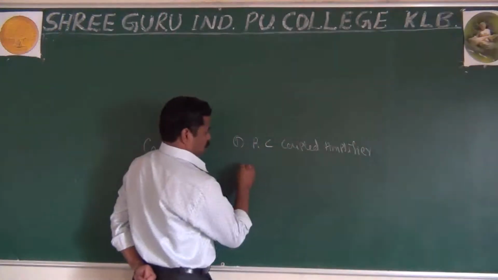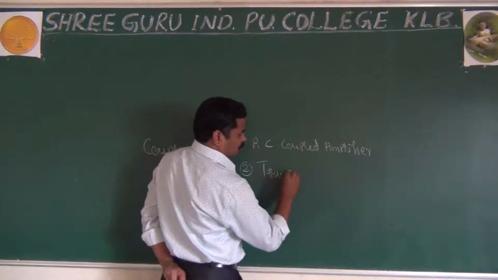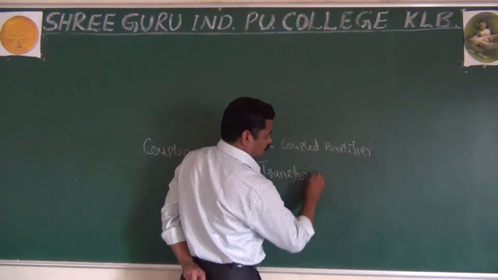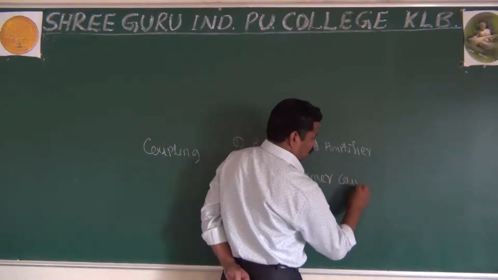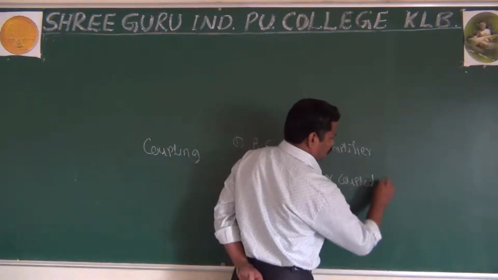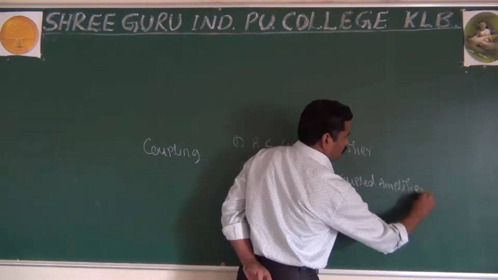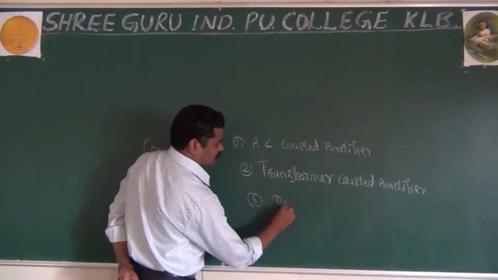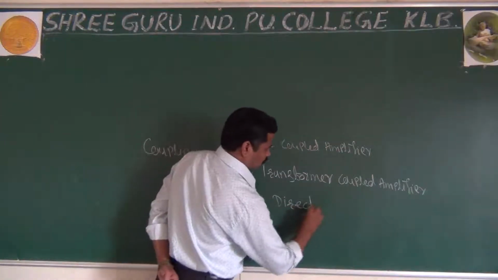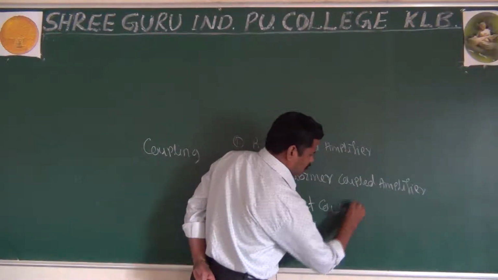Second one is the transformer coupled amplifier, and finally the direct coupled amplifier.